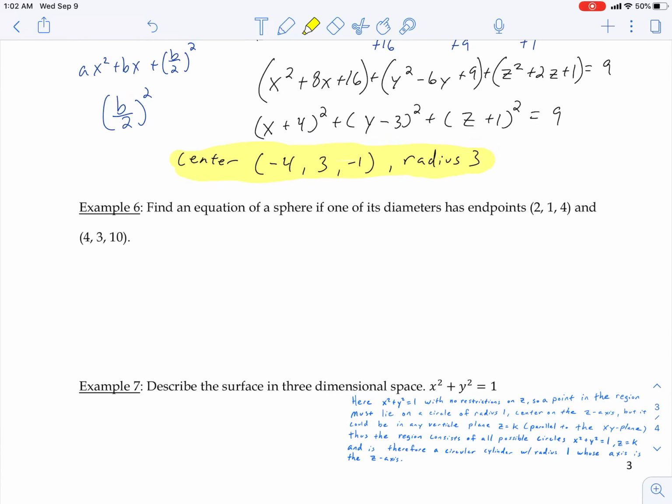Find an equation of a sphere if one of its diameters has endpoints (2, 1, 4) and (4, 3, 10). So we're going to find our sphere. It gives us the diameter, and what we're going to do is we need to find not only the radius, but we also need to find the center.